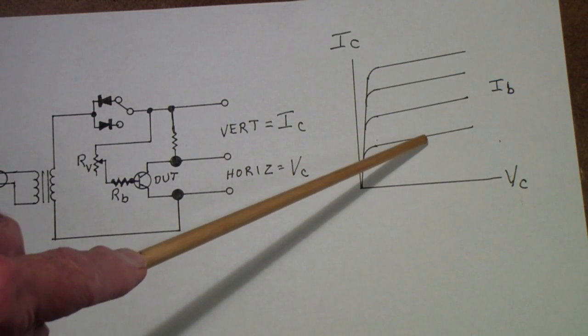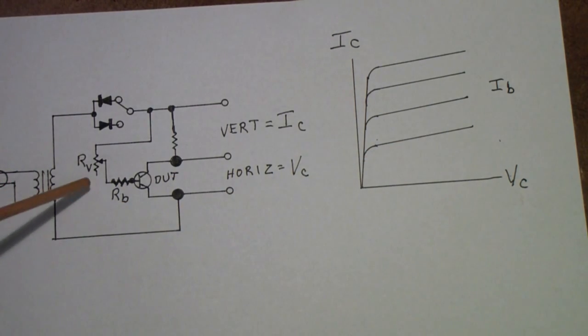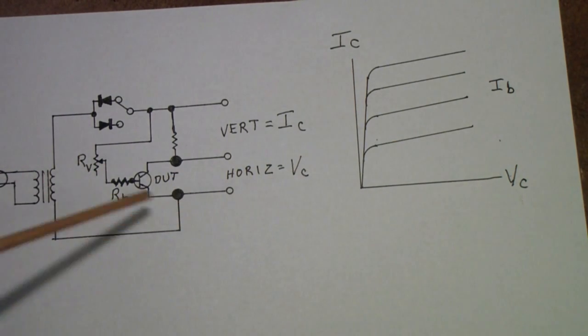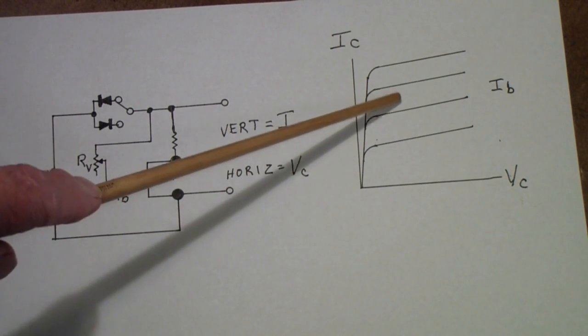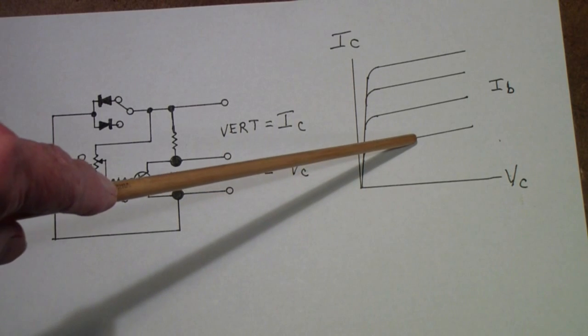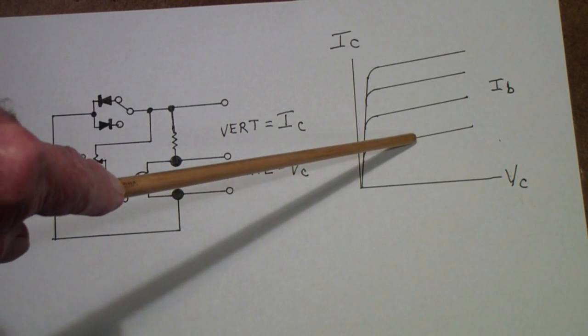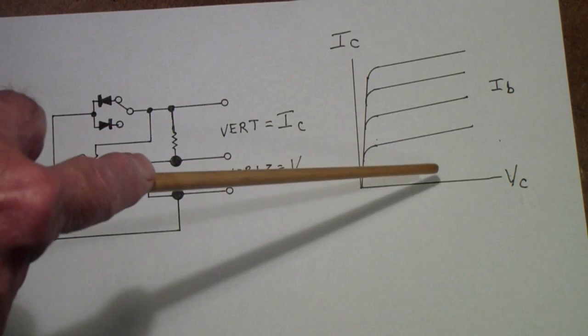Now understand, you don't get pretty curves like this on a lot of these kinds of testers because you have to find a way to produce a step base current. There are good curve tracers, and there are many that have been produced over the years. They're not so popular anymore because fewer people use discrete transistors.